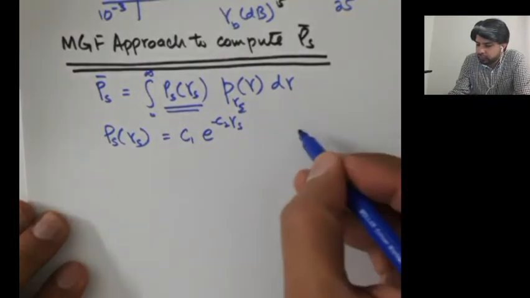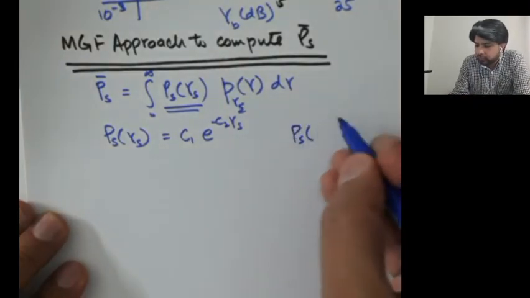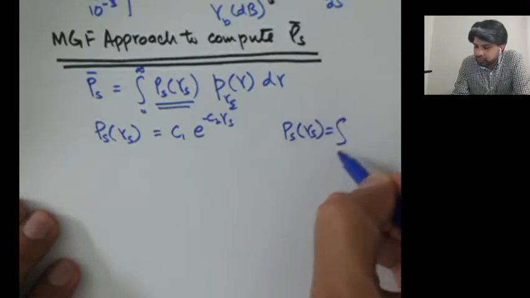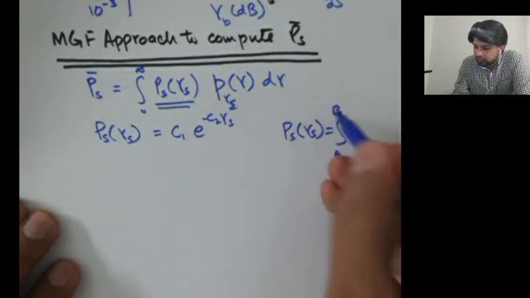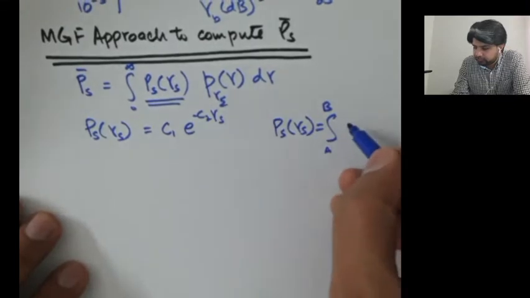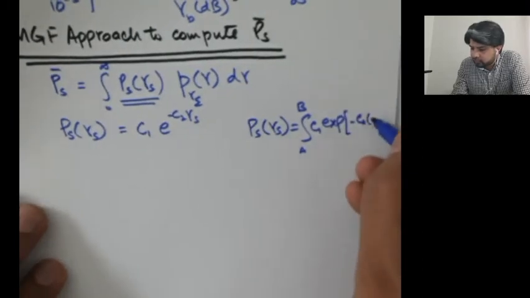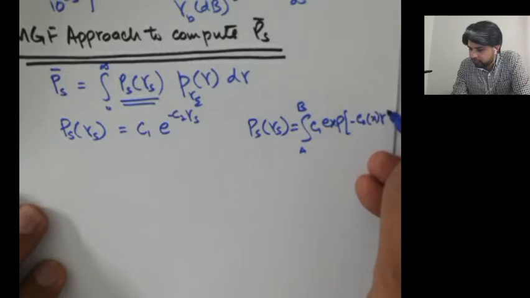Similarly, you can also have this symbol error probability under AWGN as a finite integral from a to b, C1 e to the power minus C2 of x times gamma, and you would integrate over dx.